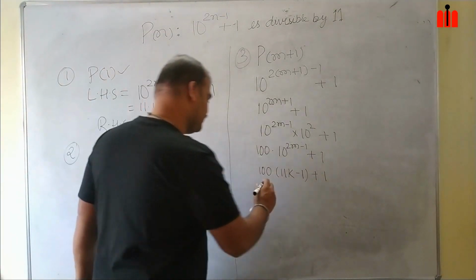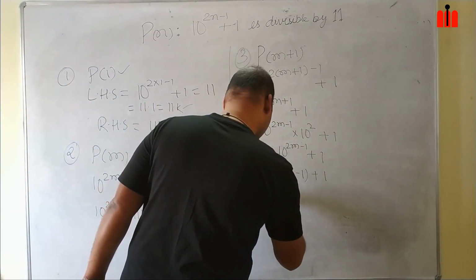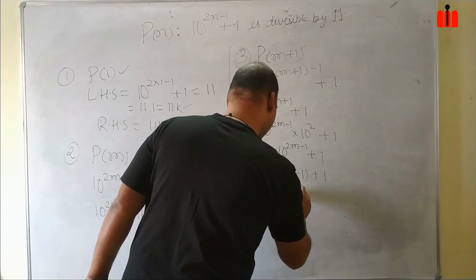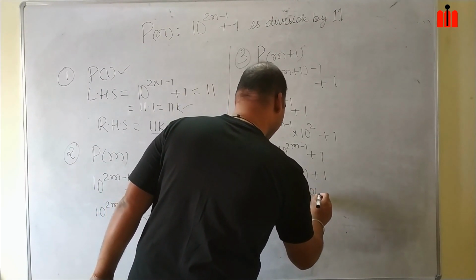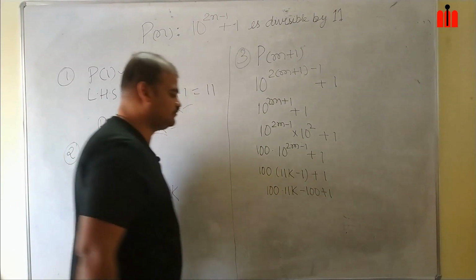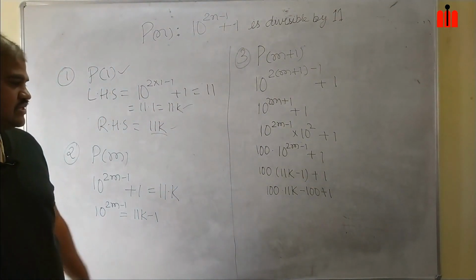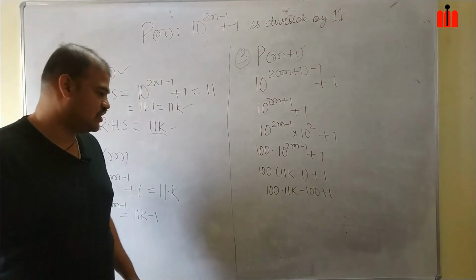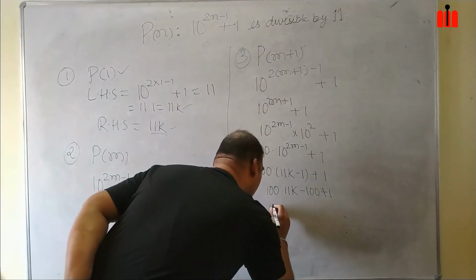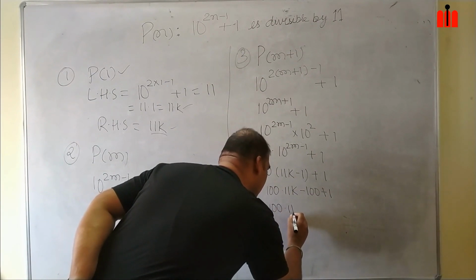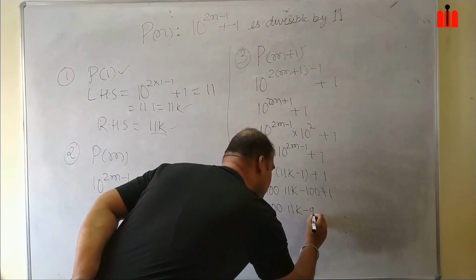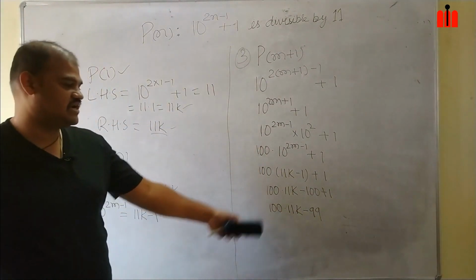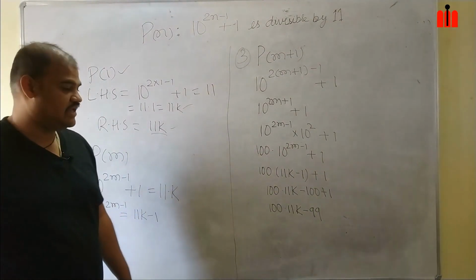So it will become 100 into 11k, minus 100, plus 1. Since I multiplied with 100, it will be 100 into 11k minus 99, because minus 100 plus 1 is minus 99.